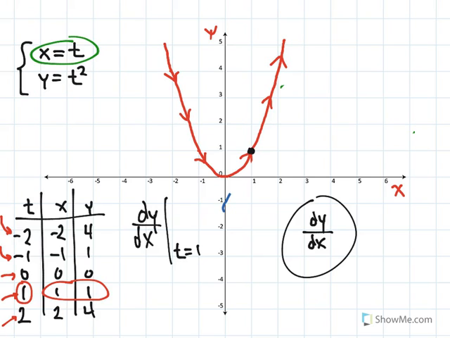But let me go ahead and first sketch the tangent line to the graph at the point corresponding to the time 1. So what does that tell us? It would tell us the direction of motion of the object at that time. And in fact, the object would be moving in this particular direction shown by the gold marker.